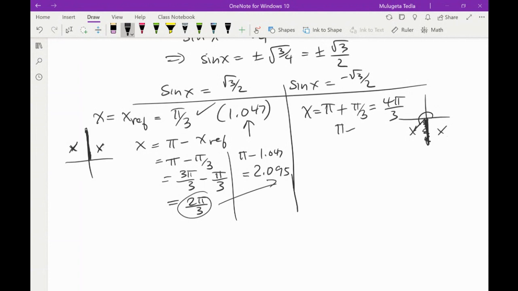Or you can say pi plus 1.047 in decimal, and you get 4.189. This is an alternative, and it's a good answer.